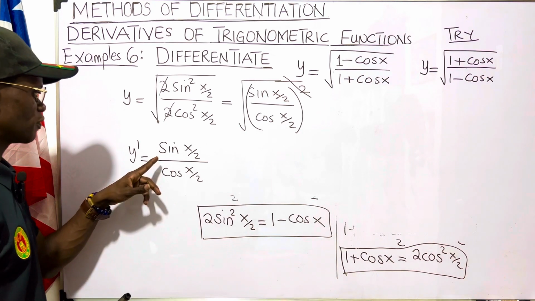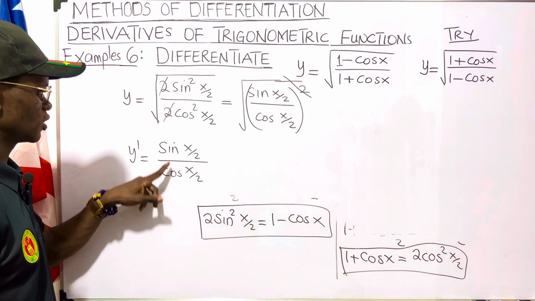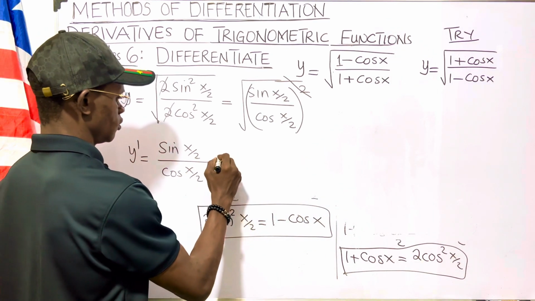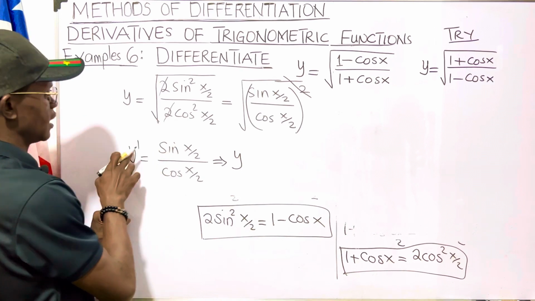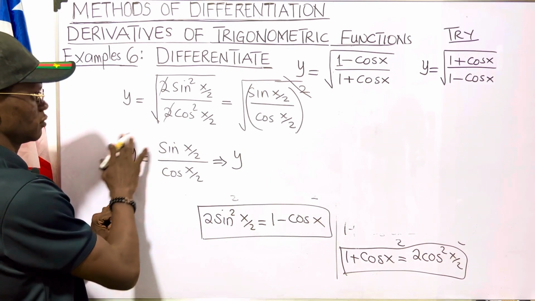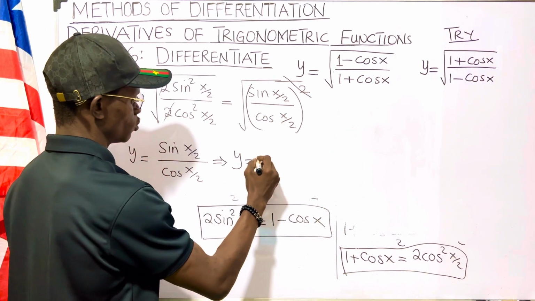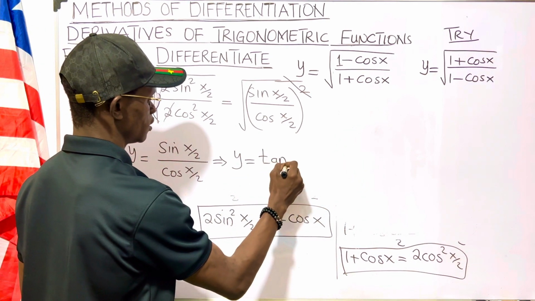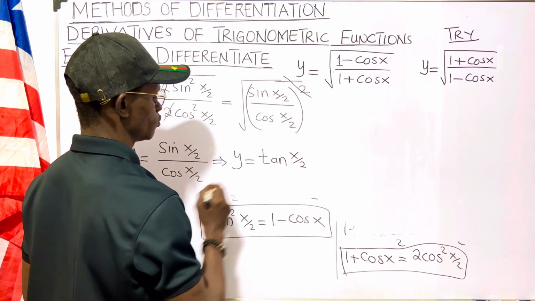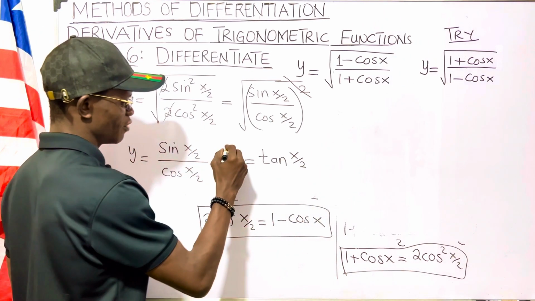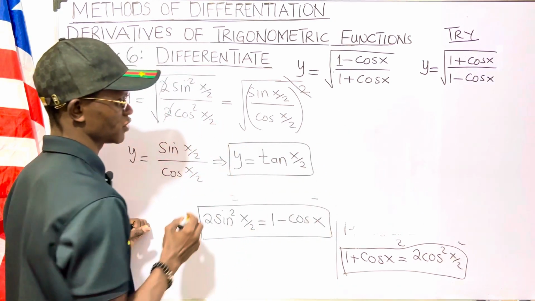But what is sin over cos? Sin over cos, the quotient identity. So, sorry, we are not differentiating. We have not started differentiating yet. So y now equals tangent of x over 2. So we can now find the derivative of this particular function.